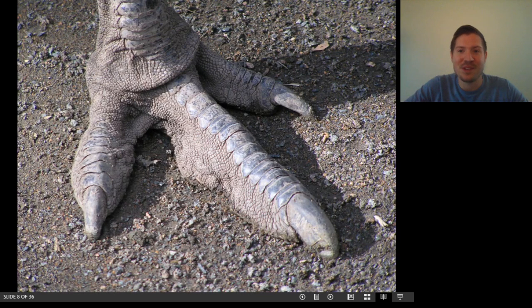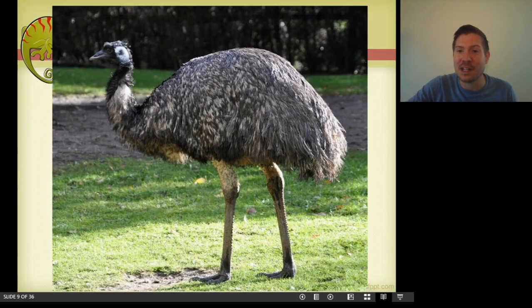Now, if you saw this structure, you might look at this foot and say, okay, it's got claws. It's got scales. Could be some sort of dinosaur. But really, this is an emu's foot. An emu is a large flightless bird, and sometimes we don't see the similarities between maybe dinosaurs and birds.